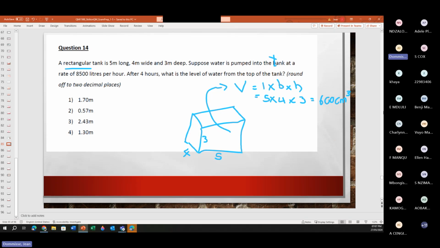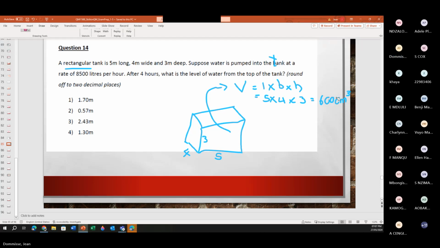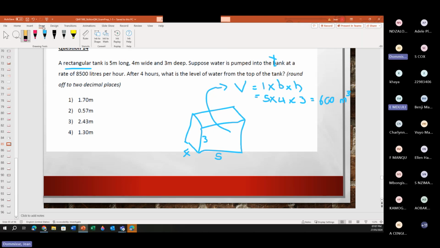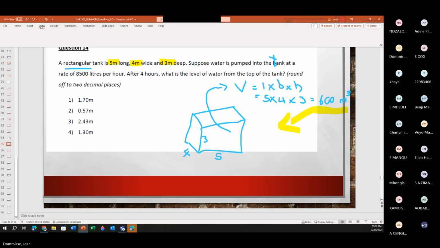Okay, so if we have 600 centimeter, sorry, all this in meters. Let me just make 100% sure. Got meters, meter, meter. Okay, so we've got 600 meter to the power of 3. How many liters is that? Sir, I think you made a mistake. It's not 600, it's 60.